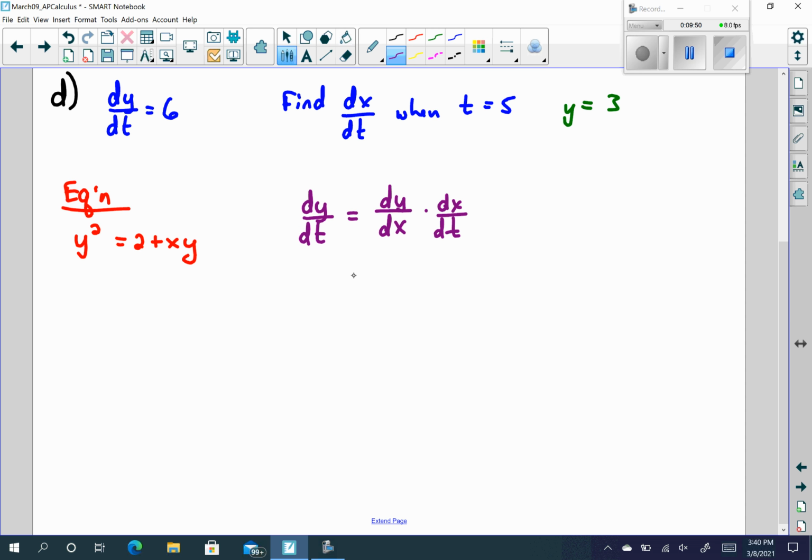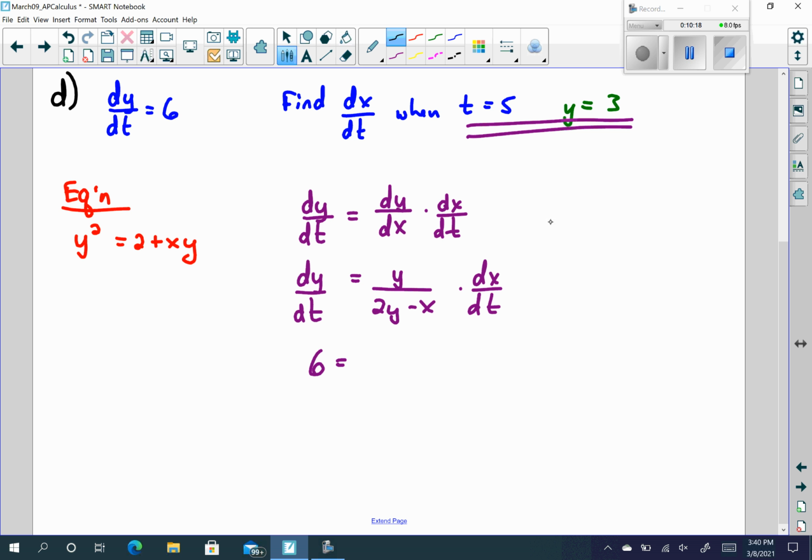So dy over dx, that's y over 2y minus x times dx over dt. So we know dy over dt is 6. We have these two up here, but guess what? We also have an x in here, so we need to find x as well.